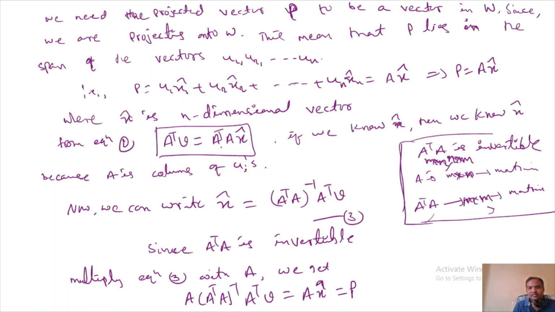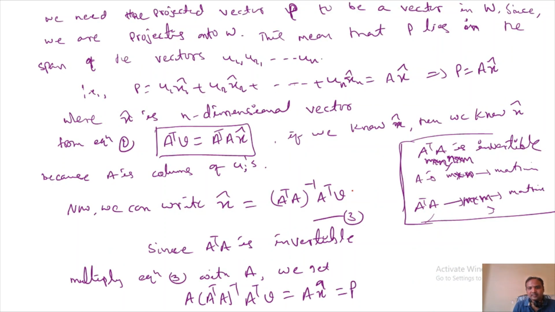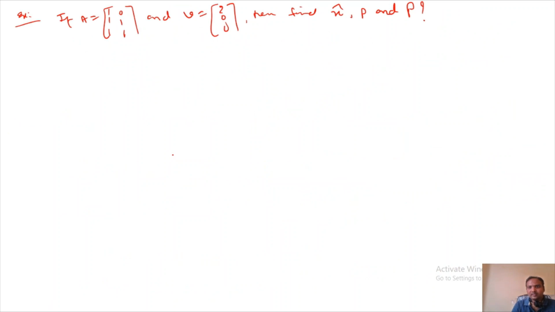So now observe, A transpose B equal to A transpose A X hat. Now use that relation.